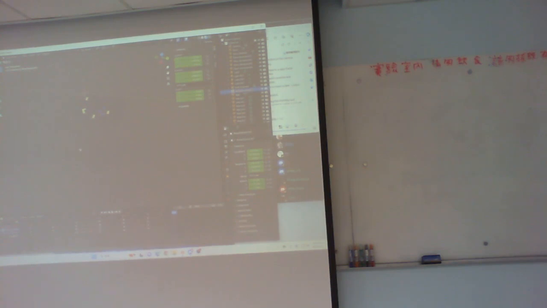So here you can set up your environment, then where's the render? Not yet. No. Ah, yes, yes. There's the render. Yeah, that's true.